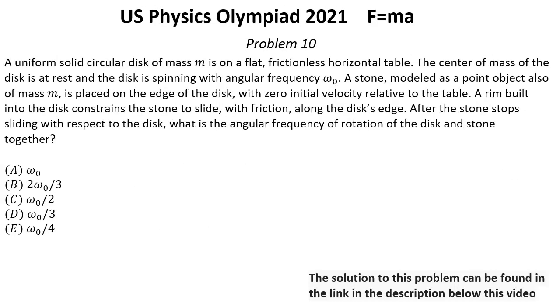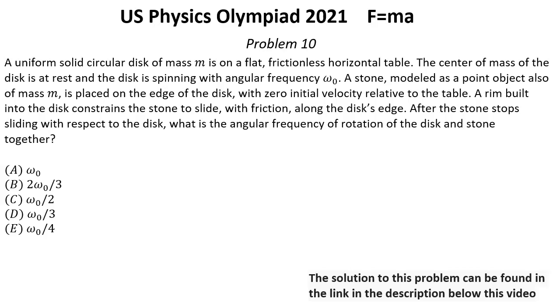Problem number 10. A uniform solid circular disk of mass m is on a flat, frictionless horizontal table. The center of mass of the disk is at rest and the disk is spinning with angular frequency omega 0. A stone modeled as a point object, also of mass m, is placed on the edge of the disk with zero initial velocity relative to the table.